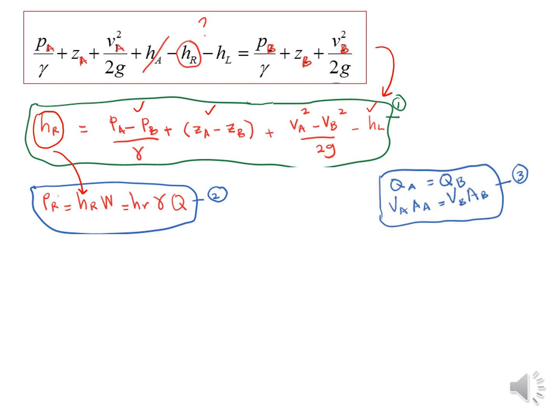To calculate the VA and VB, we can use equation 3 here, which is the concept of the continuity equation. Before we can determine the VA and VB terms from the continuity equation, we need to find first the flow rate area.